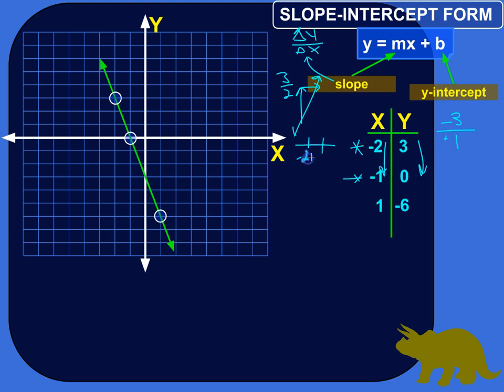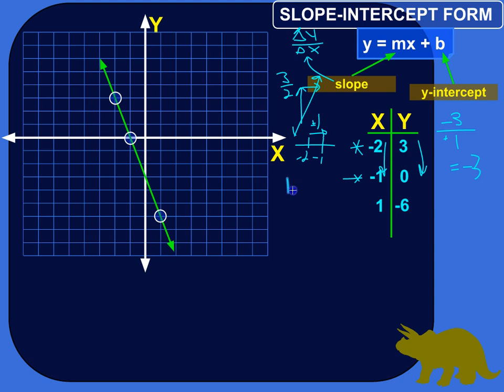This might be unnecessary, but if I go from -2 to -1, I've increased by 1. So the slope of this linear equation is -3 over 1, which we can just write as -3. So that's the slope. Okay, so that's step 1.